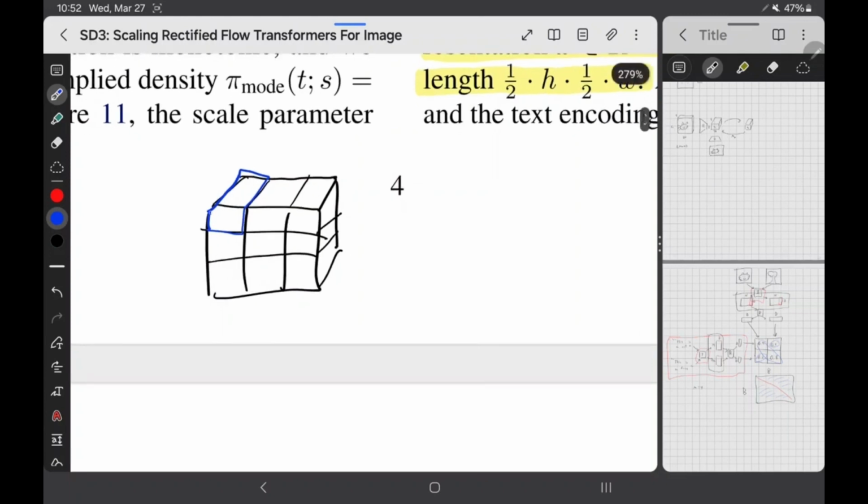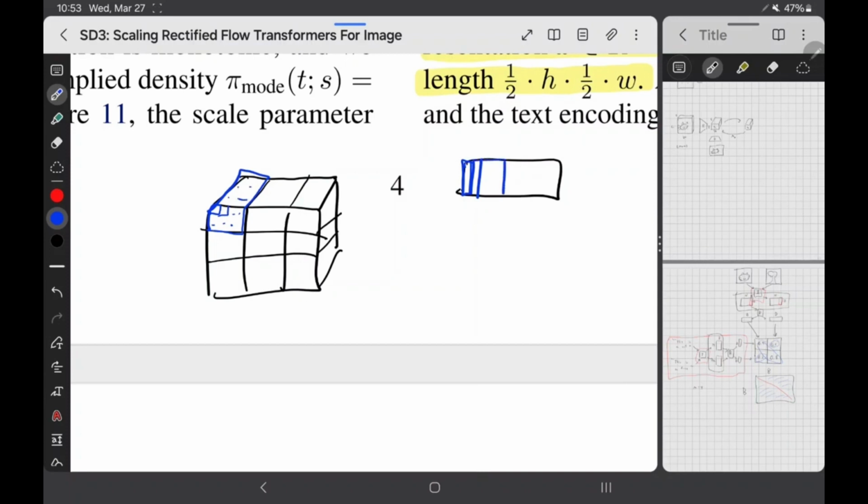So the first pixel here would correspond to this first value in the vector. The second value, say you move over 1 to the right, would correspond to this next value. And you keep on doing that for all the values, and you do that for all the channels as well.